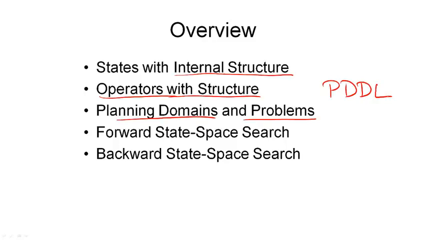And next, we have seen how forward state space search can be used to solve planning problems. And as a variant of that, we have also seen how we can search the space backwards from the goal to the initial state. Unfortunately, these planning algorithms, as I've described them here, are very inefficient. But as we will see later on in the course, it doesn't take all that much to turn them into state-of-the-art planning algorithms.